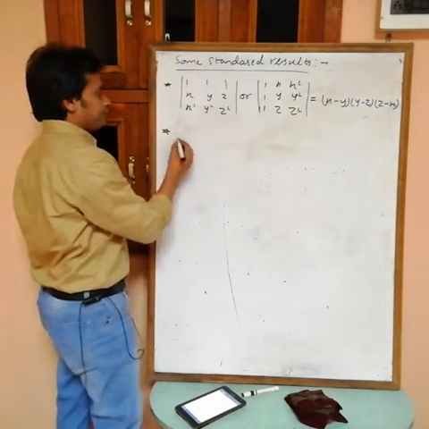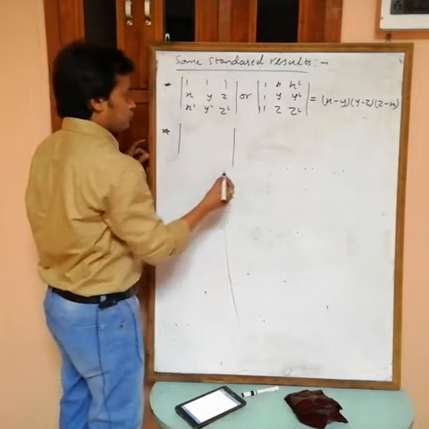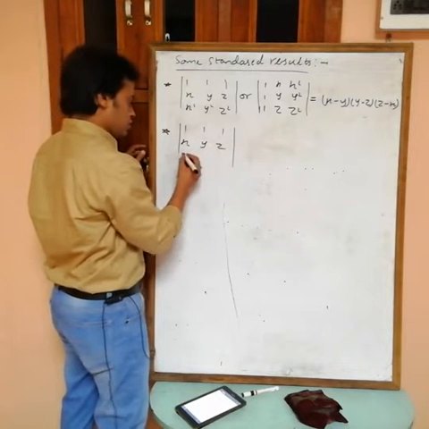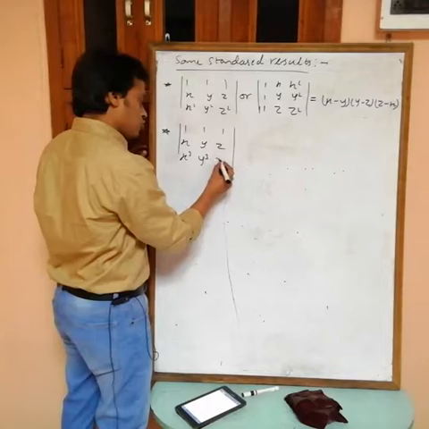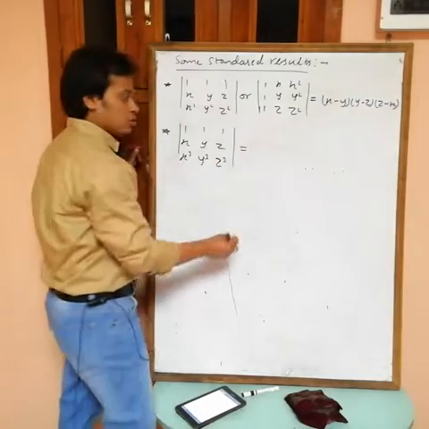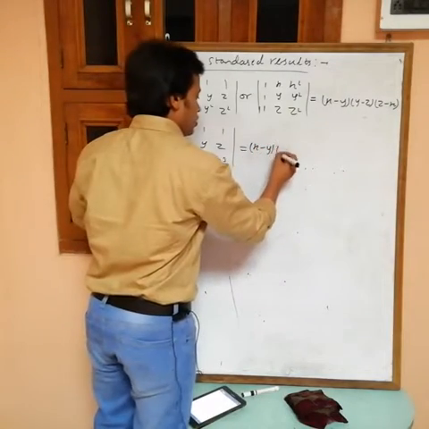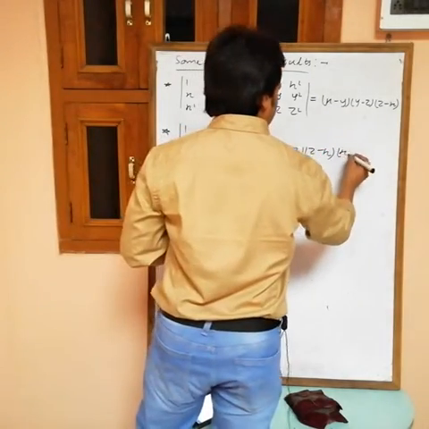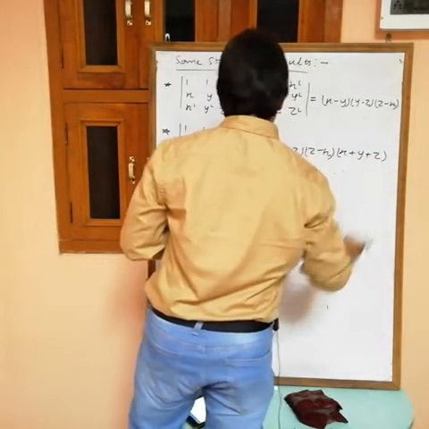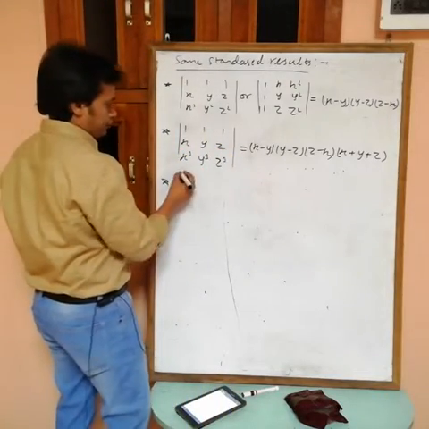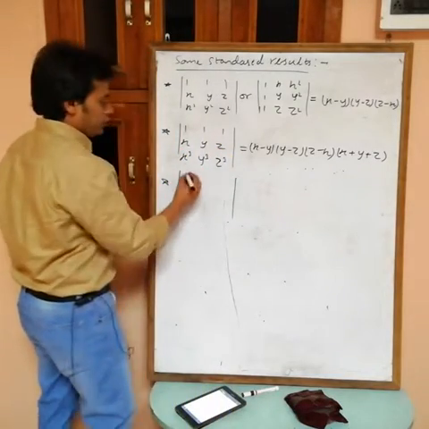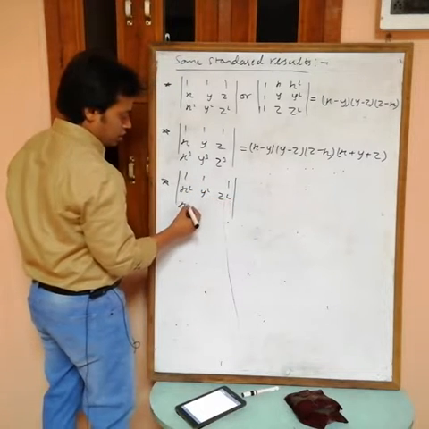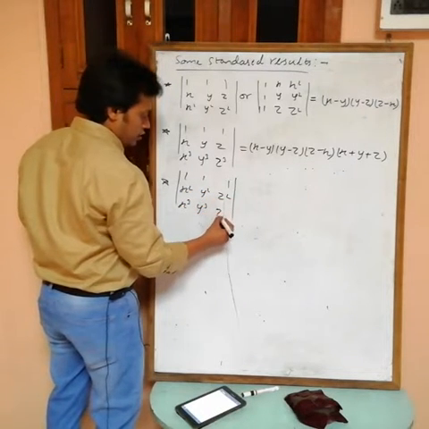Second, 1 1 1, x y z, x cube y cube z cube. This is equal to (x minus y)(y minus z)(z minus x)(x plus y plus z). We will prove these, but first write down. Third one, 1 1 1, x square y square z square, x cube y cube z cube.